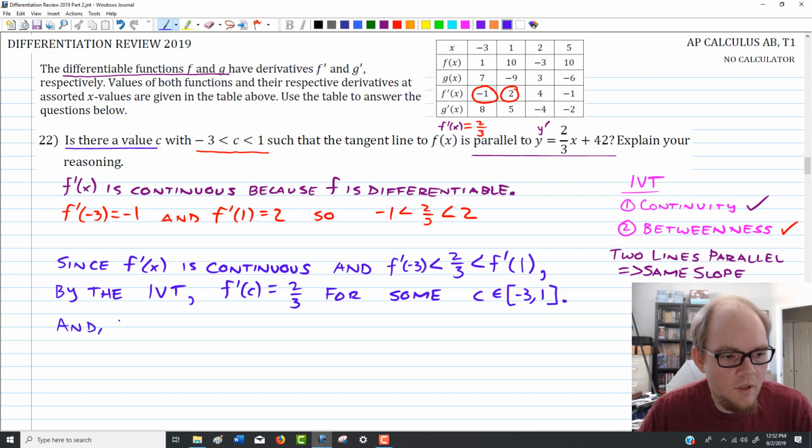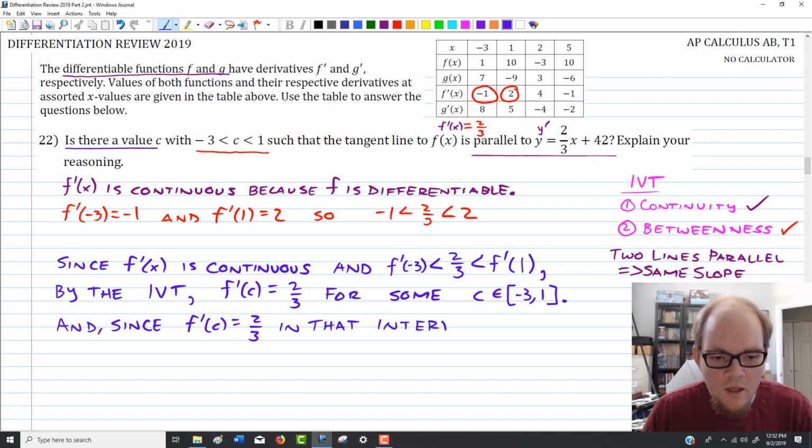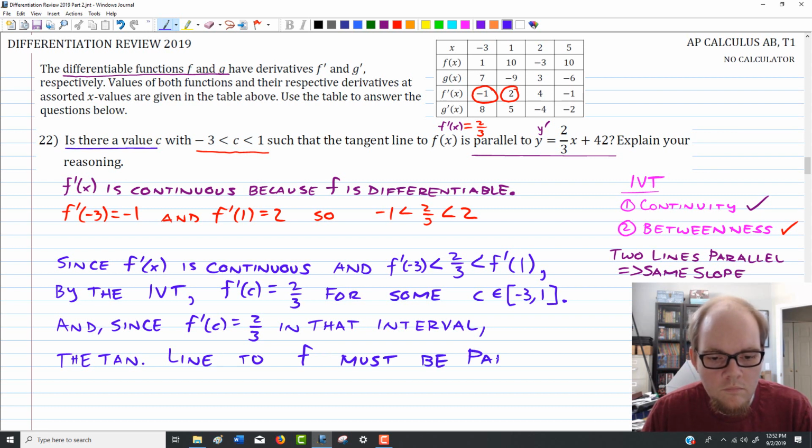And since f prime of c equals 2/3 in that interval, the tangent line to f must be parallel to y equals 2/3 x plus 42, and we'll say it must be parallel at least once.